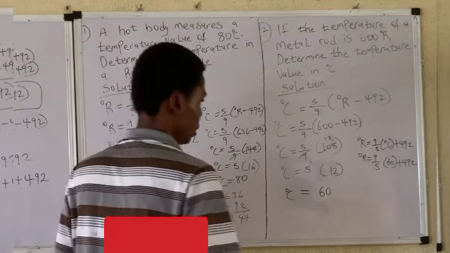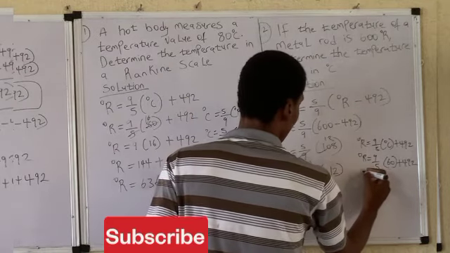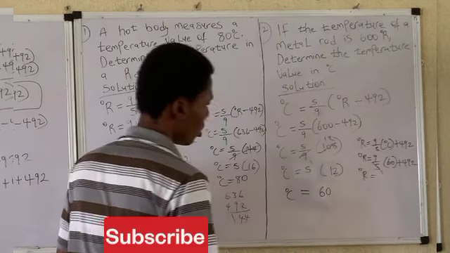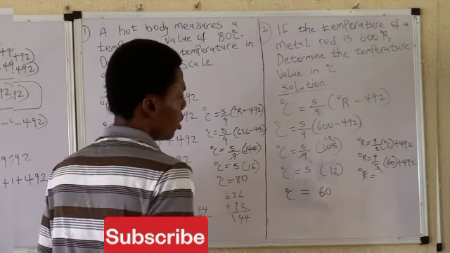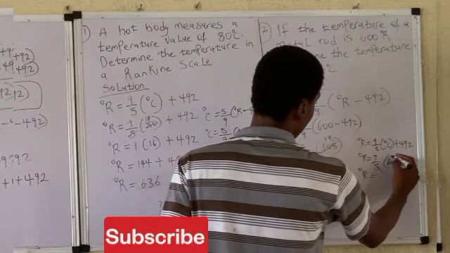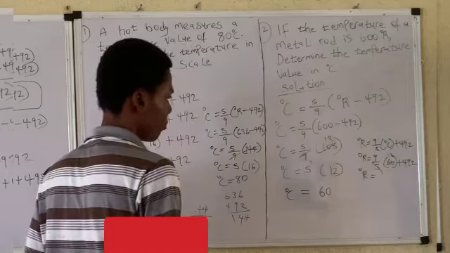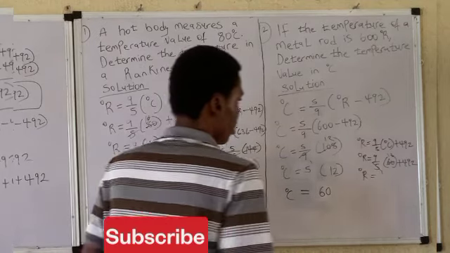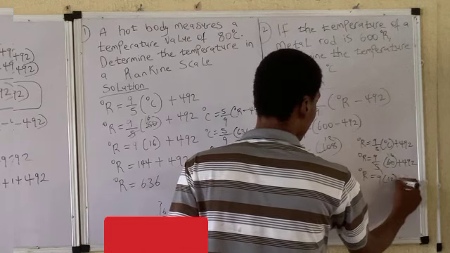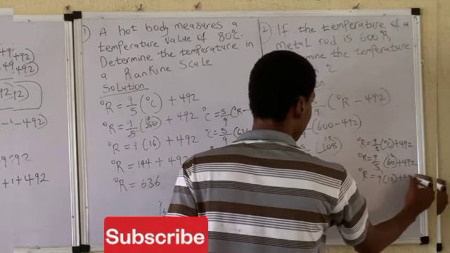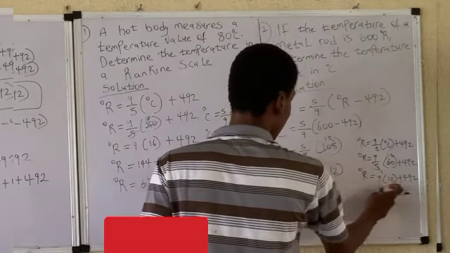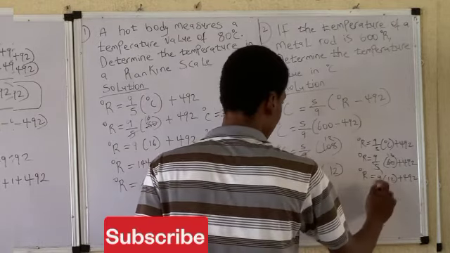So what do we do here now? We divide. So 5 in 60, that is 12. So we have 9 in bracket 12 plus 492. So what do we do now? We multiply 9 by 12.